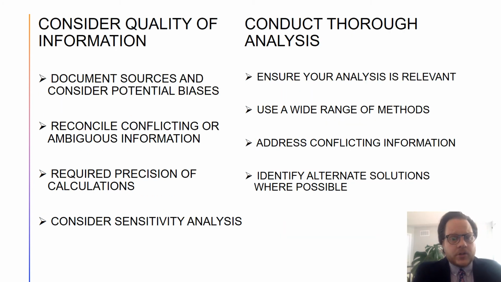Okay, so next we're going to talk about considering the quality of information and how to conduct thorough analysis. So, when it comes to the quality of information that you're gathering, make sure that you document your sources and consider your potential biases. For example, if you read on a blog that your client that you're working for has the best customer service they've ever experienced in their entire life and their products surpass all expectations, it's important to know whether or not that blog has any affiliation with the client.